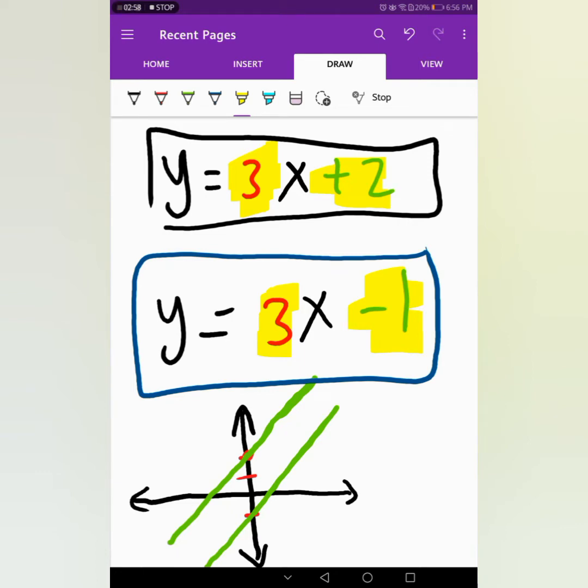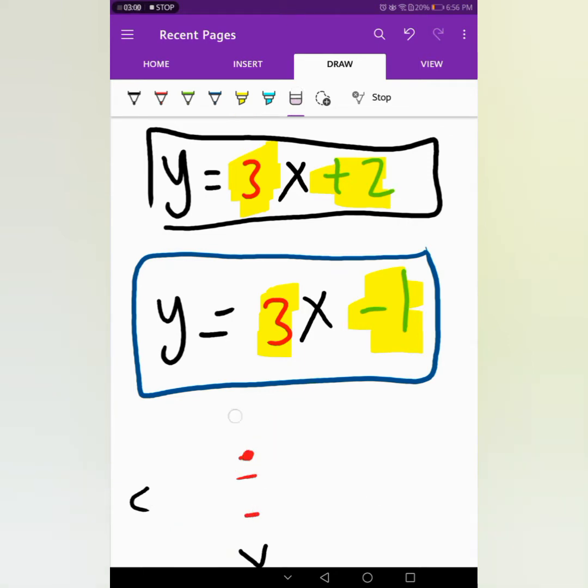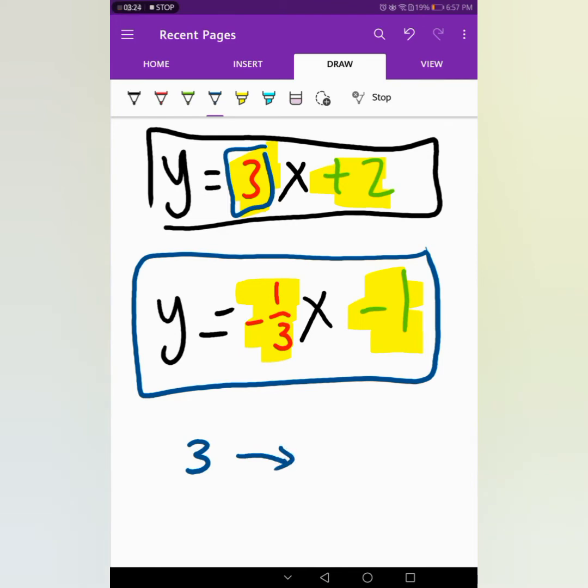Okay, but we have another issue here. Now, if you take one slope, for example the 3, and you find the opposite reciprocal of this. Reciprocal means flip it. It is 3 over 1 actually, so it will be 1 over 3. Then find the opposite, so it will be -1 over 3.